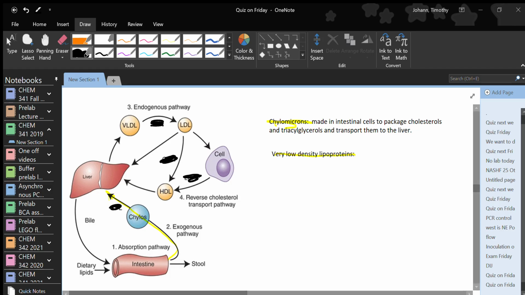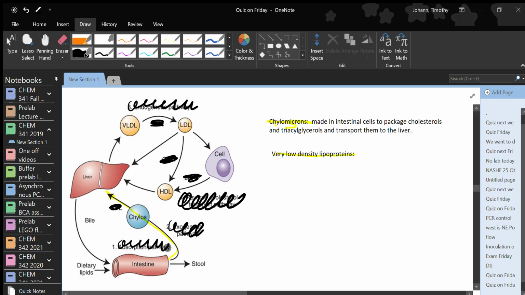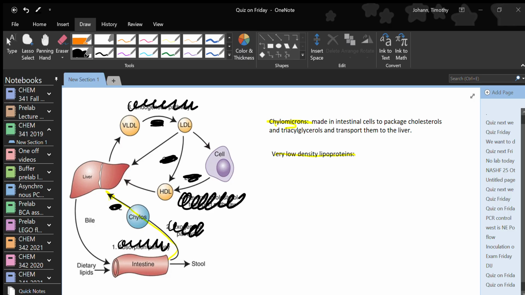And we're not going to worry about these bits. You don't need to know about that. I'm solely concerned with knowing what chylomicrons are and what they do. I want to know how all these are made and where they go and what they do. Okay, but chylomicrons, very low density lipoprotein, and high density lipoprotein.